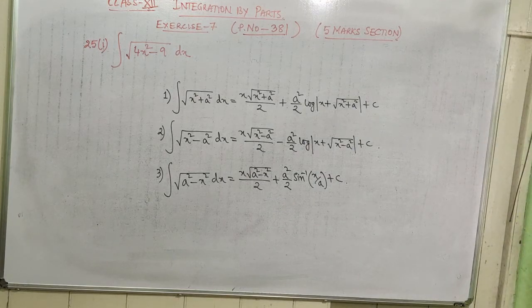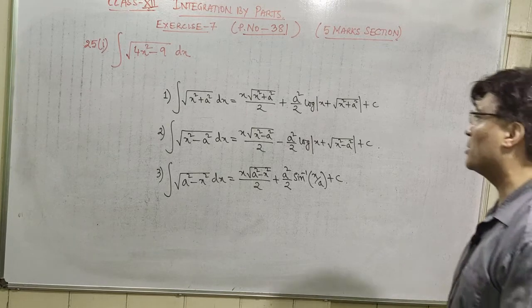Number 1 is the integral of square root of x square plus a square dx, equal to x root over x square plus a square by 2, plus a square by 2 log mod of x plus root under x square plus a square, plus c.